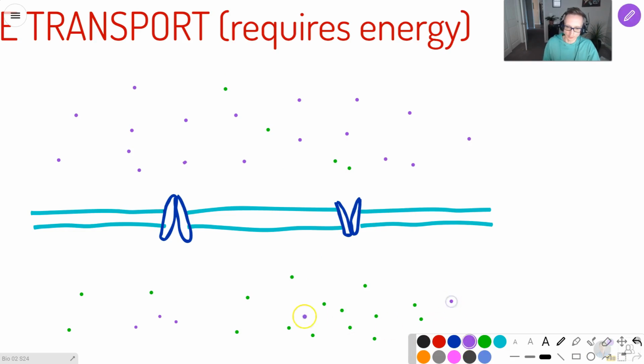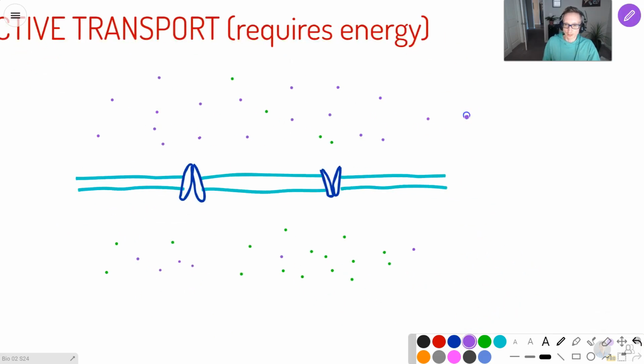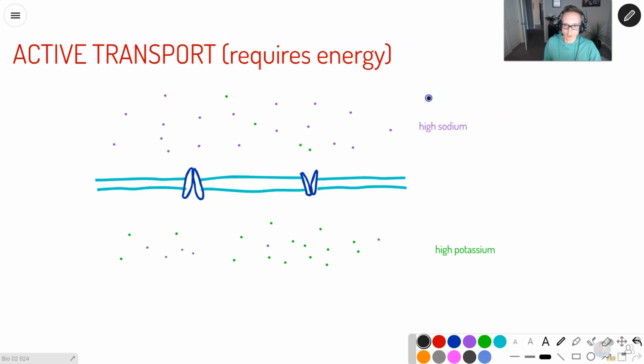We're going to have, obviously, a couple more sodiums in here too. So we've got high sodium outside, and we've got high potassium inside. Again, just to be clear, this is the outside of the cell, and this would be inside of this cell.